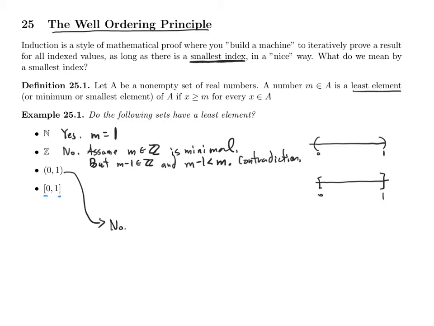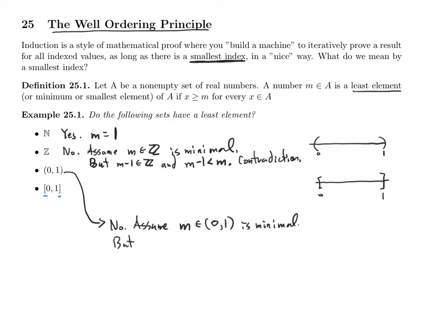So the answer is indeed no. So let's assume m is our minimal element, and it's in the interval from 0 to 1, with round brackets, exclusive of 0 and 1. So let's assume that is minimal. But we can't subtract 1 this time because we'll get outside our interval.